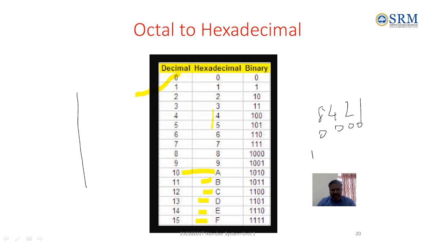For 8 we put 1 in the 8 place, and 0 for 4, 0 for 2, and 0 for 1. So we get the answer 1000. For 9, we take 8, 0, 0, and 1. 8 plus 1 is 9, so we enable this one and get 1001. This is the number for 9. Similarly, we can get the values of all the numbers.